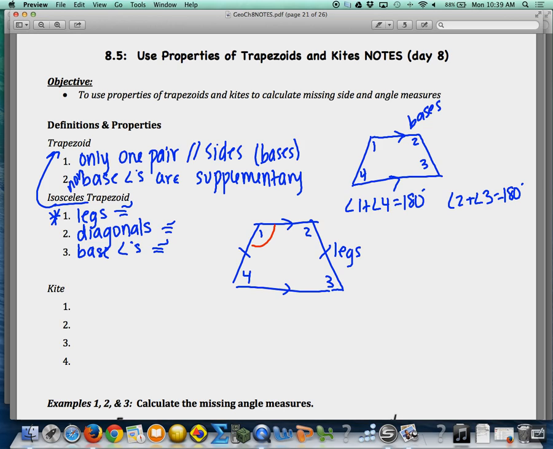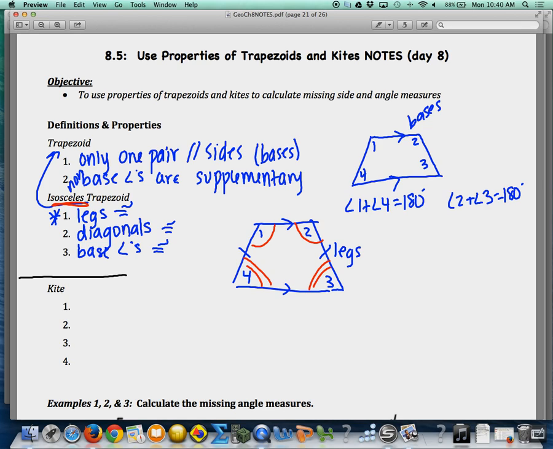Which is the base angle with 1? 2. Yeah, 1 and 2 are going to be congruent. Likewise, 4 is going to be congruent to 3. I cannot stress enough that that is only true in an isosceles trapezoid. It's not true in any other figure. Okay, questions on trapezoids?